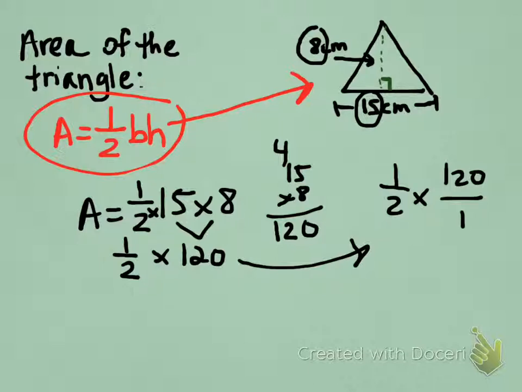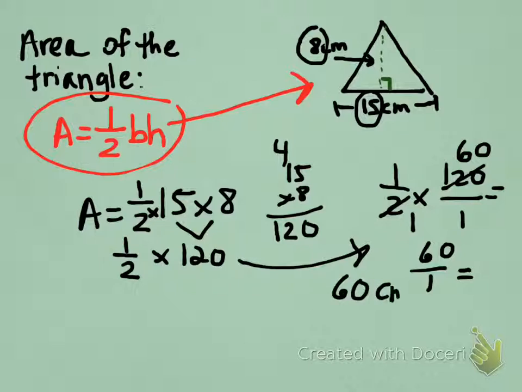We can cross simplify, and if we divide by 2, that gives us 1 and 60. So we have 60 over 1, which means 60 square centimeters. That is going to be your area.